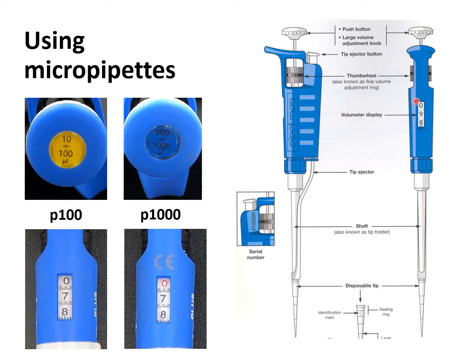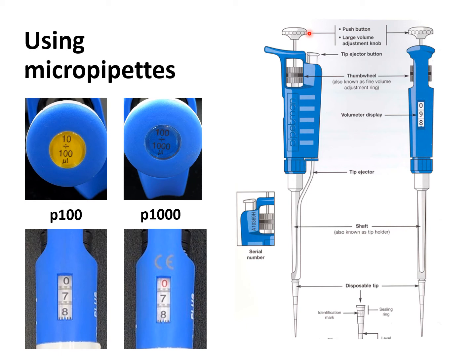But in order to draw up the volume displayed on the window of your micropipette, you need to push that plunger down, and as I said, you push it down to the first stop.